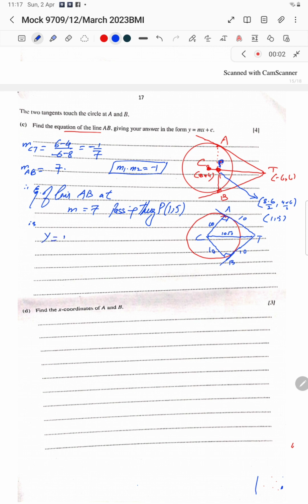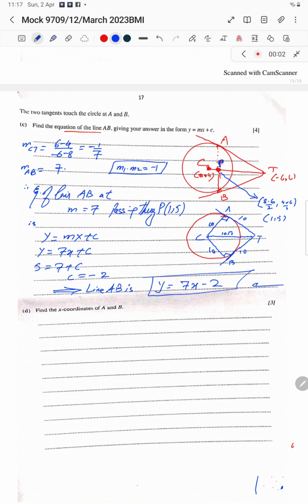So y equals 7x plus c. At this point, 5 is equal to 7 plus c, so c gives me minus 2. So my line AB is y equals 7x minus 2. This is the line. I hope it's clear.